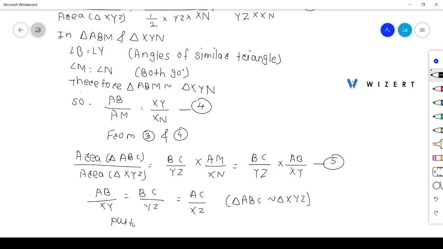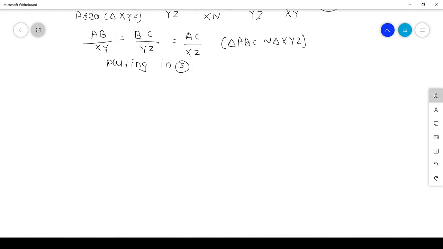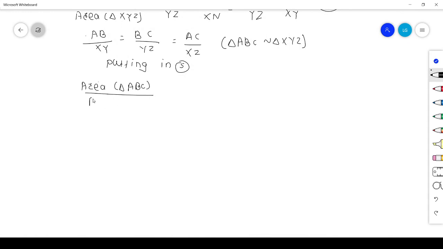So putting this in equation number 5, we can write area of triangle ABC divided by area of triangle XYZ equals AB by XY into AB by XY, that is AB upon XY, its square.